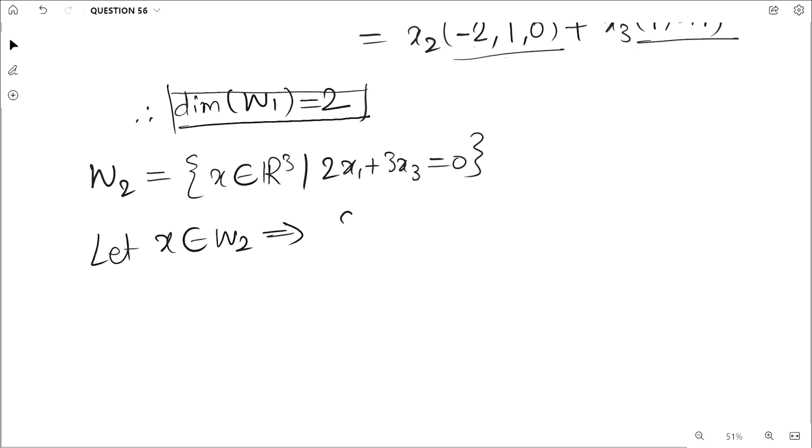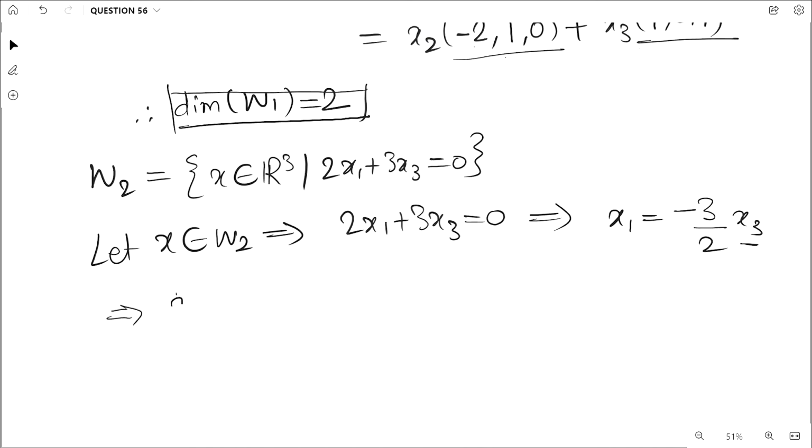This implies twice x1 plus thrice x3 is equal to 0. So this implies x1 is equal to minus 3 by 2 x3, and we do not have any restriction on the second coordinate x2, so we can treat it as a free variable, and we can treat x3 as a free variable because we have x1 in terms of x3.